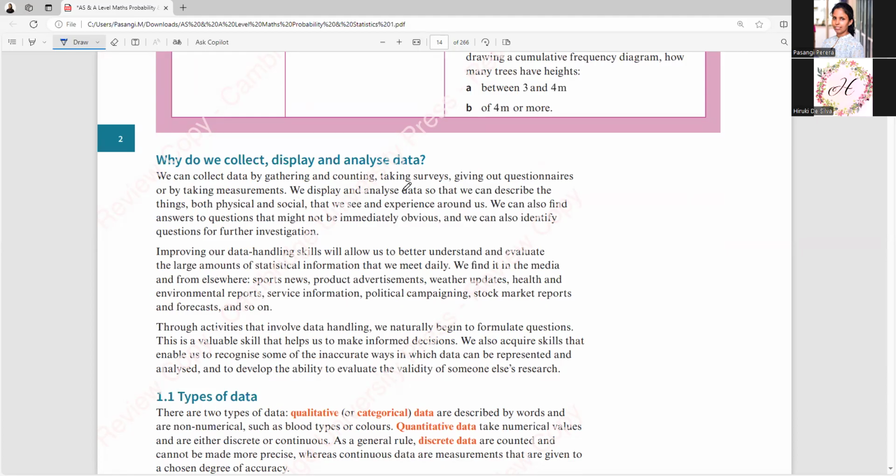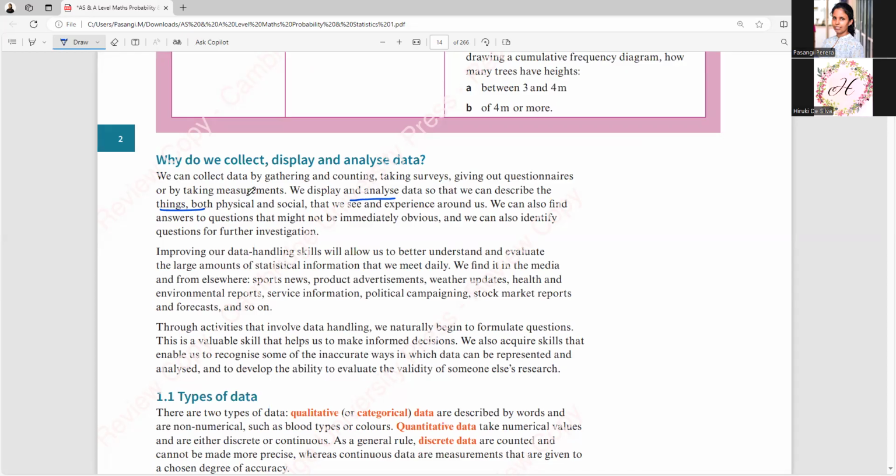Normally, we display and analyze all this data so that we can describe the things, both physical and social, that we see and experience around us. We can also find answers to questions that might not be immediately obvious, and identify questions for further investigation as well.